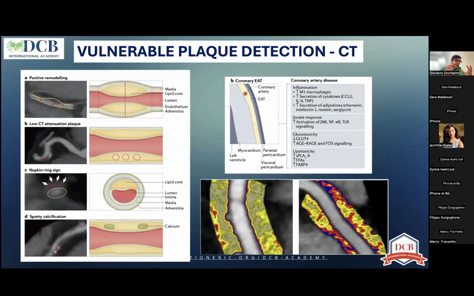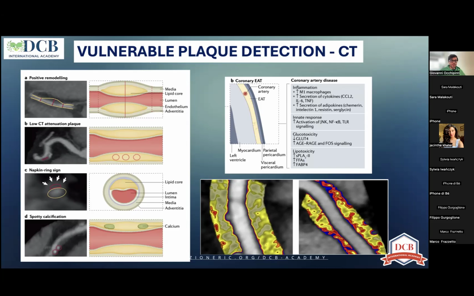We have analyzed two of the major invasive imaging technologies in the detection of vulnerable plaque: basically OCT and NIRS IVUS. It has been known that there are other non-invasive techniques, as we see in this slide.